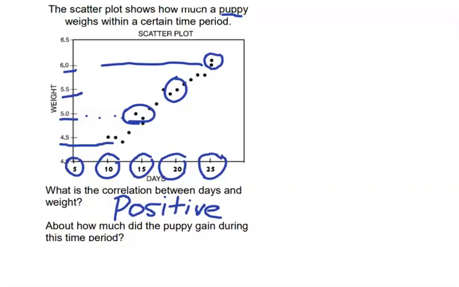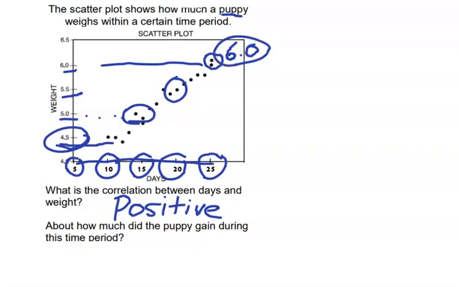And then the next question is about how much did the puppy gain during this time period? Well, I guess what did we start out as? We started out with 4.5 pounds. Okay, and over the 25 days, we ended up at about 6 pounds. So we went from 4.5 to 6.